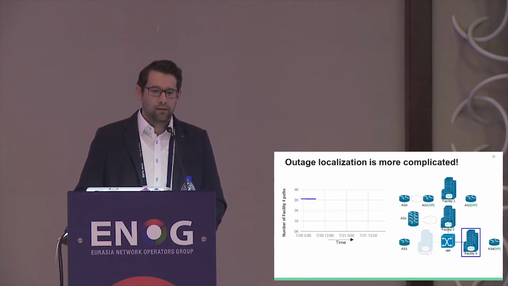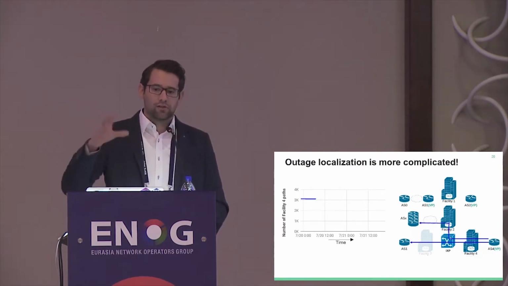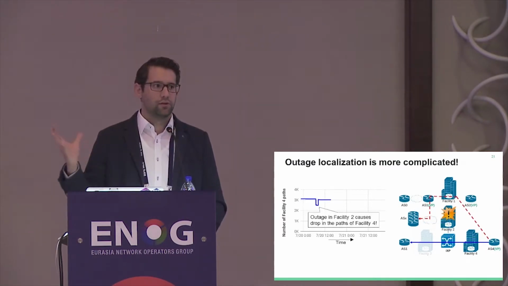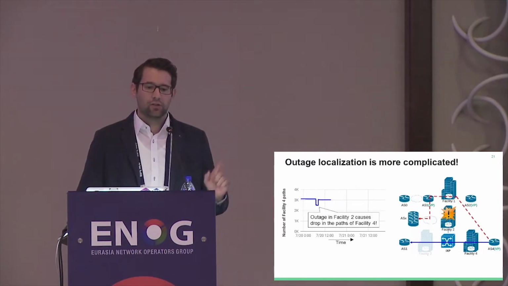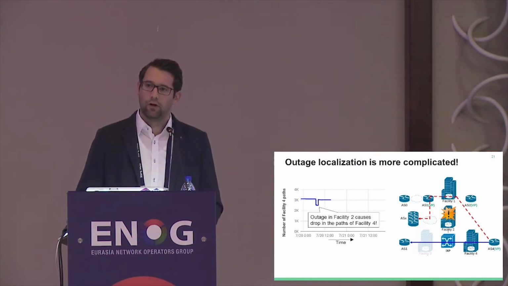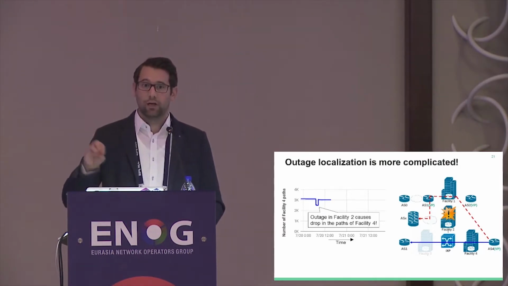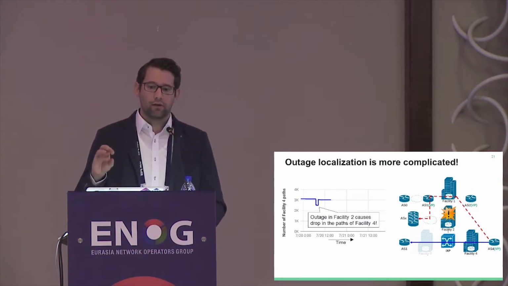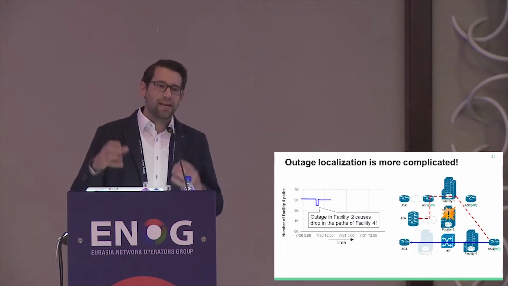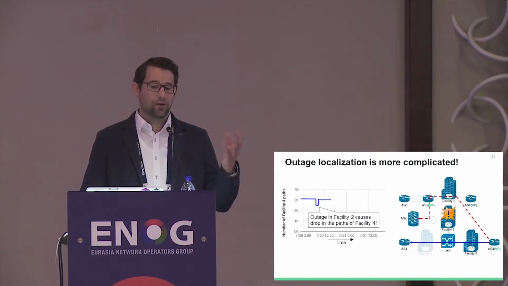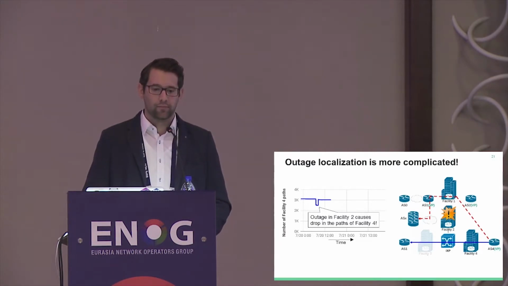Then in this scenario, facility 2 has an issue and goes down, so it's out of service. And an outage in facility 2 causes a drop in paths at facility 4, right? So from our vantage point, if we just have a single one, we can't really distinguish whether it is because of an issue within facility 4 or facility 2 in this case.